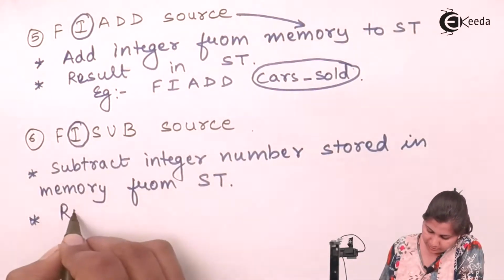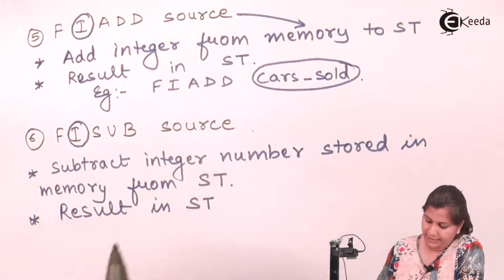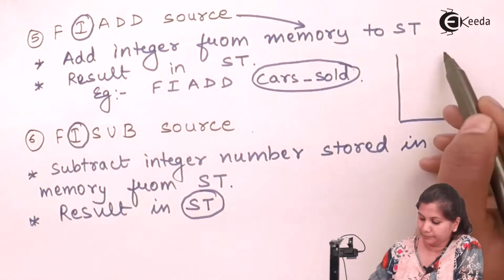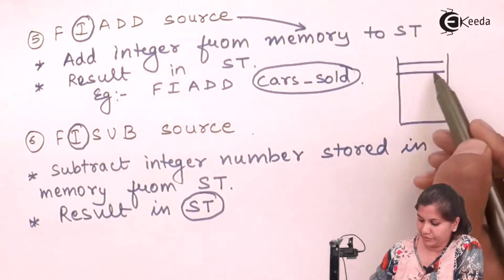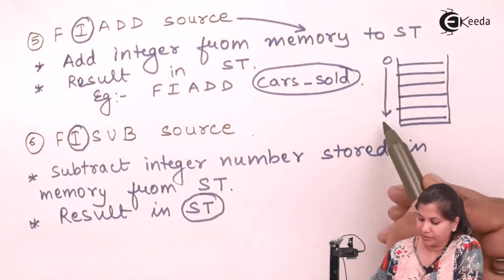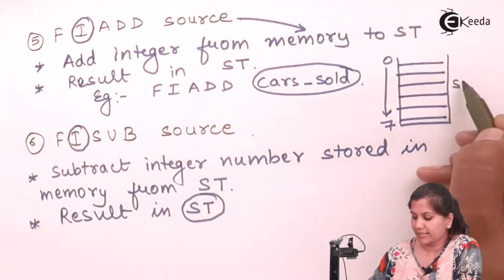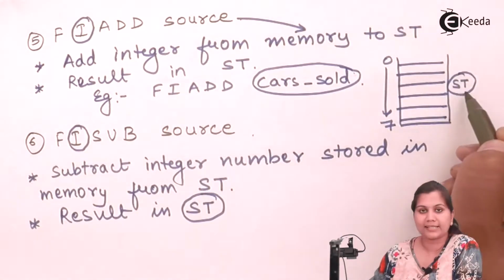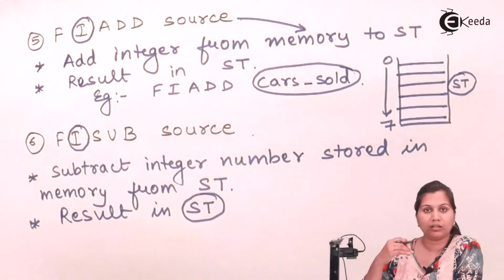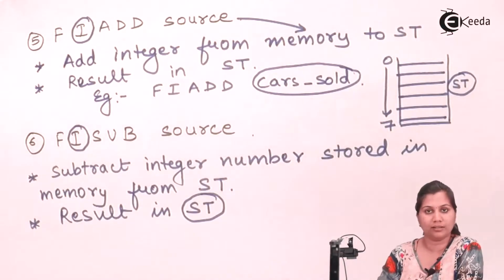The result is there in ST. Just remember that in the stack we have 8 registers from 0 to 7 and any of these registers can be initialized as the top of the stack, that is ST. Okay, so ST we are referring to the top of stack which is specified by the status register bit.